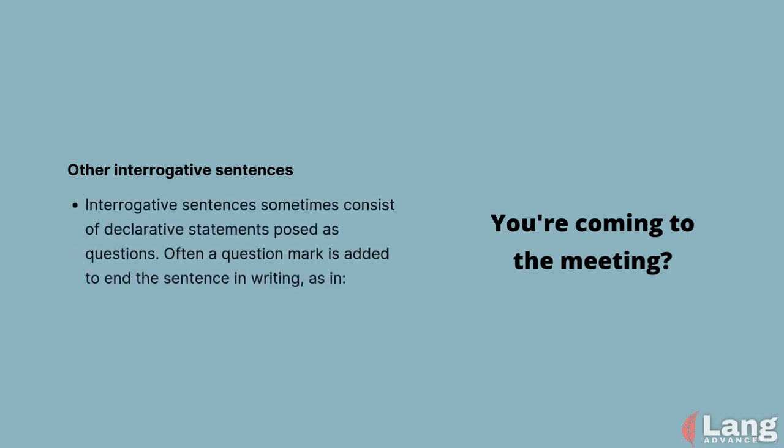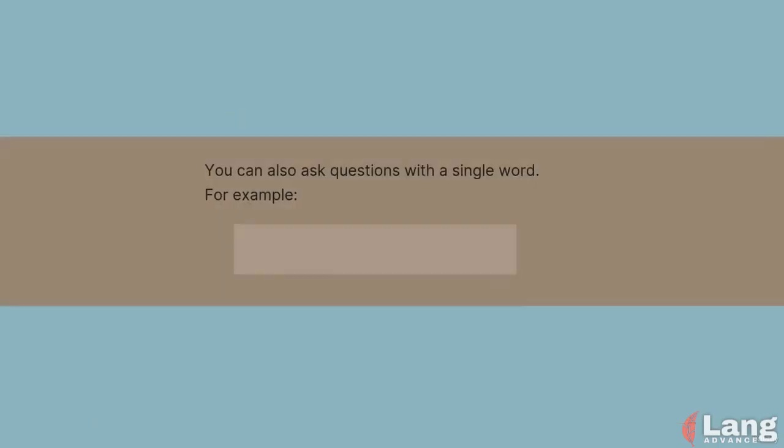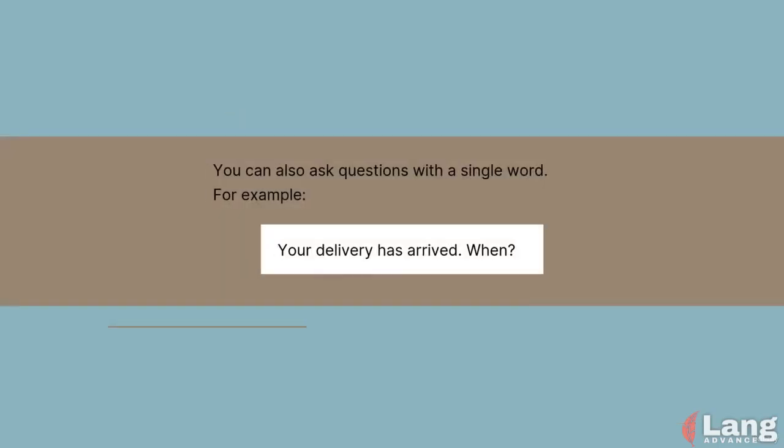Interrogative sentences sometimes consist of declarative statements posed as questions. Often a question mark is added to end the sentence in writing, as in, you own? It ended just like that? Excuse me. You can also ask questions with a single word. For example, your delivery has arrived. When?